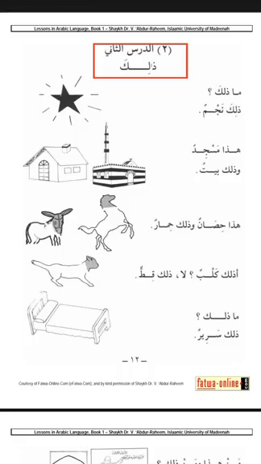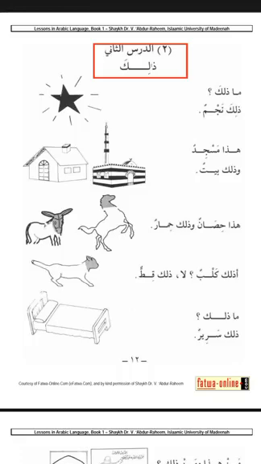So in lesson 1 we talked about هذا, which means this, the demonstrative pronoun for an object that is near. So ذلك is a demonstrative pronoun for an object that is in far distance.